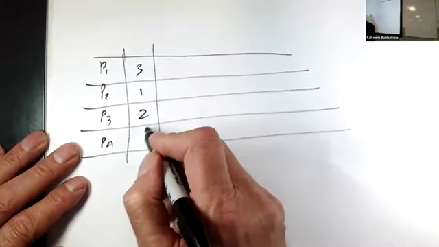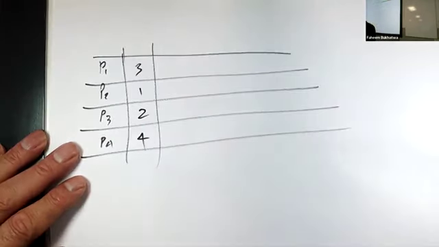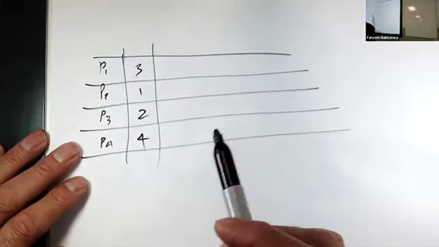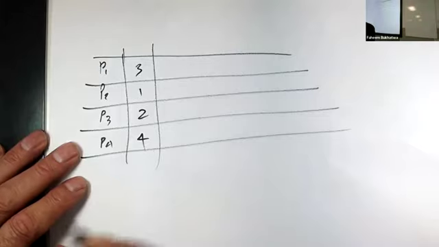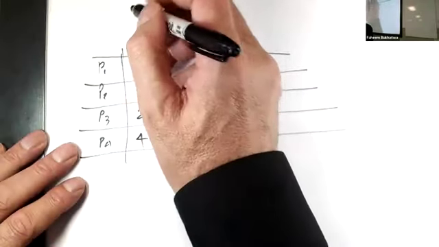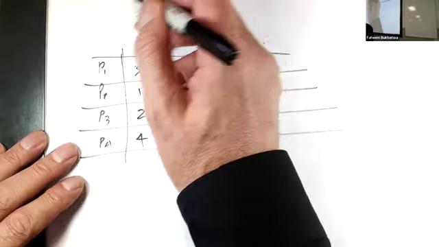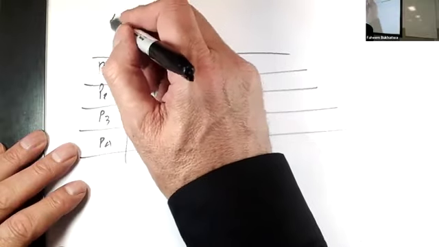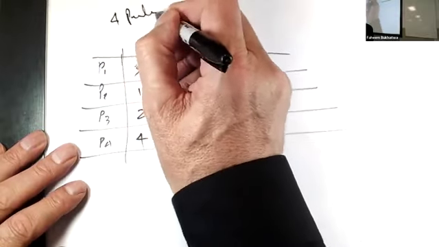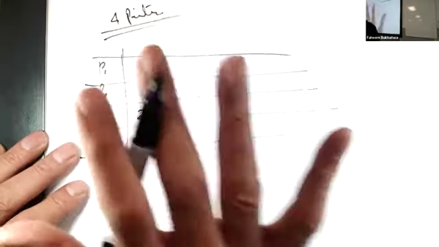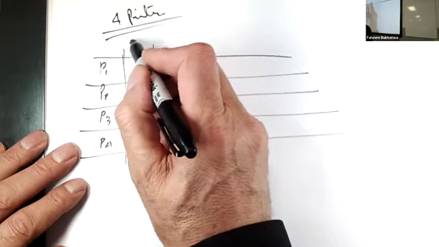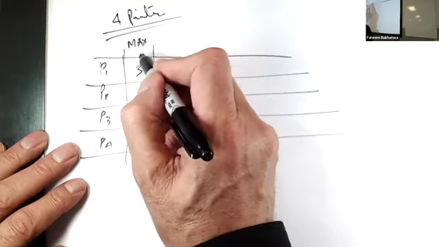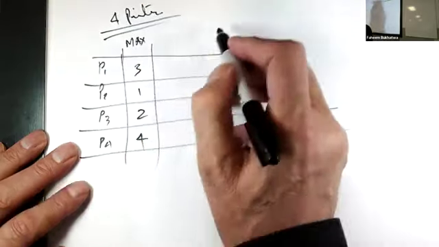And this one needs 4 printers in total. We only have 4 printers altogether. In our system, there could be 4 or 5, but now I'll say 4. So this is the actual maximum required or requested by any program.